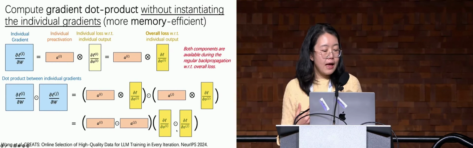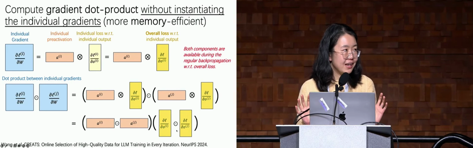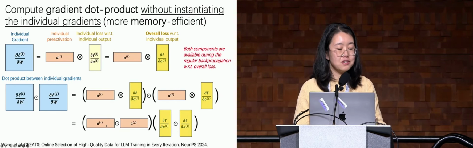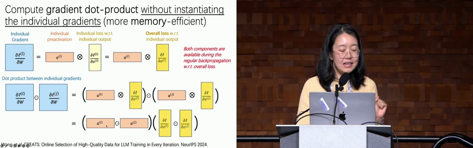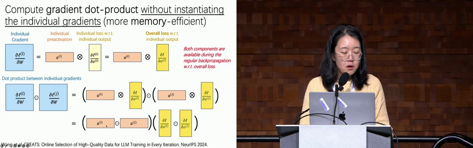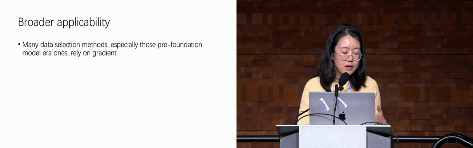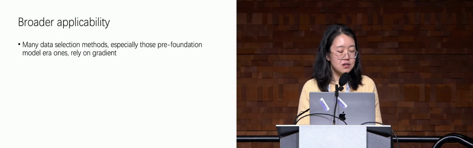There is a known identity that the inner product of two outer products is equal to the product of two inner products. With this identity, you can reach this final line, which says that when you want to calculate the gradient dot product, you don't actually have to instantiate the gradient.